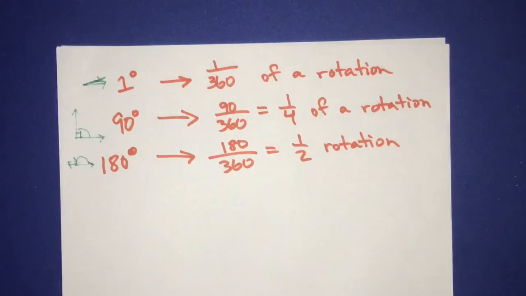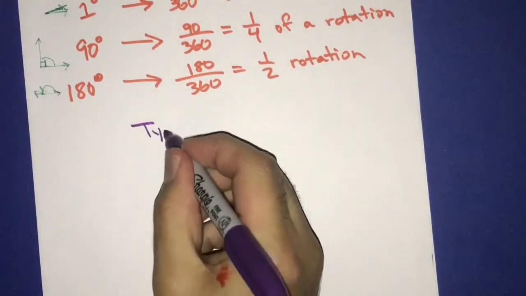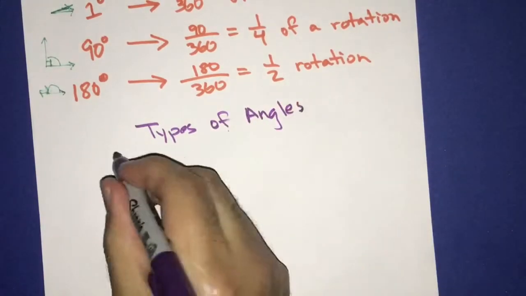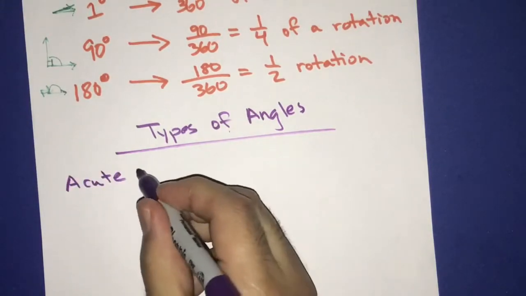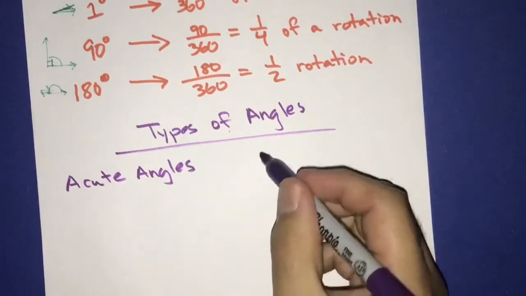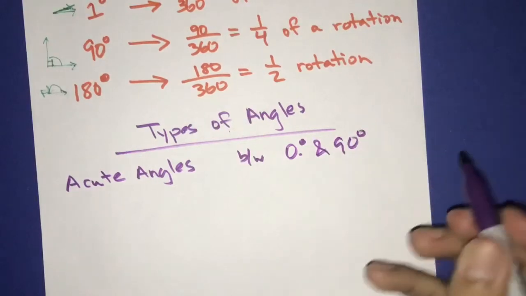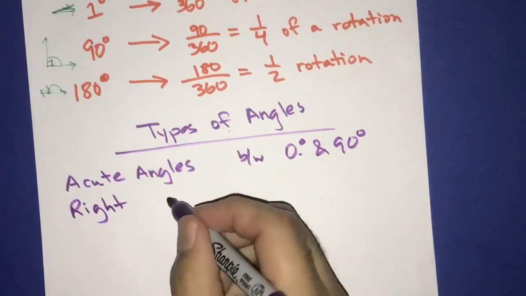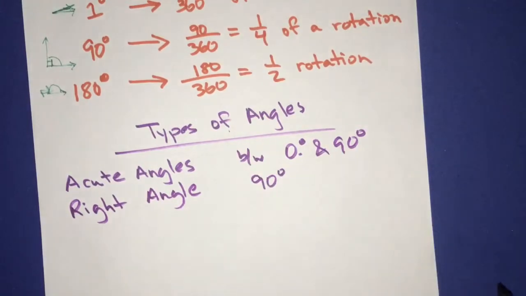Okay, so let's take a look at types of angles we have. We have acute angles, and acute angles are between 0 degrees and 90 degrees. And we also have what's known as a right angle, which is exactly 90 degrees.